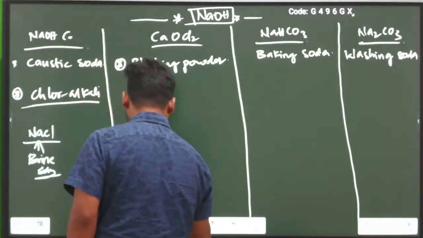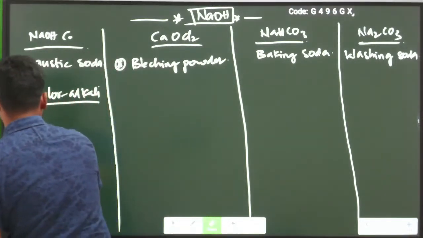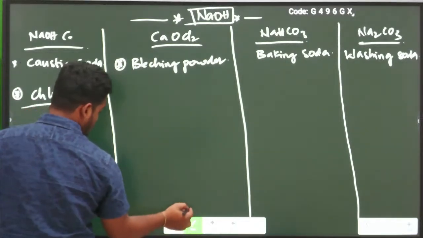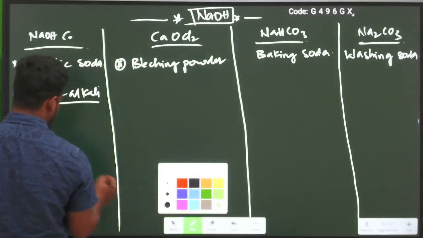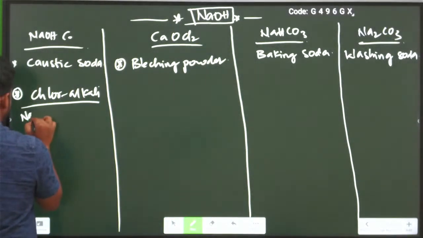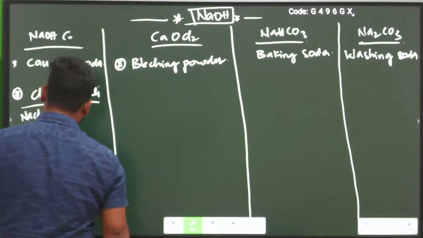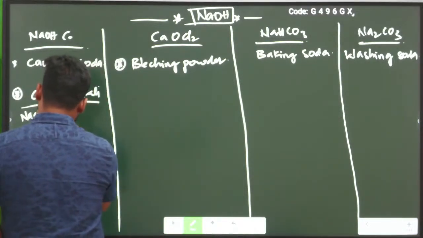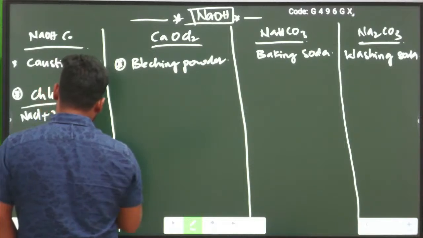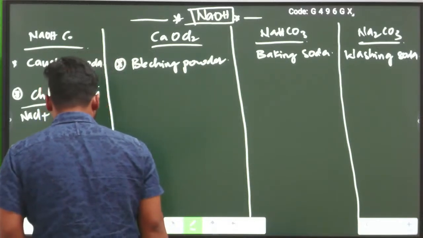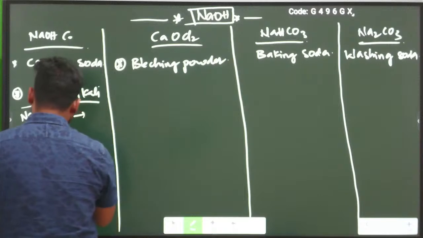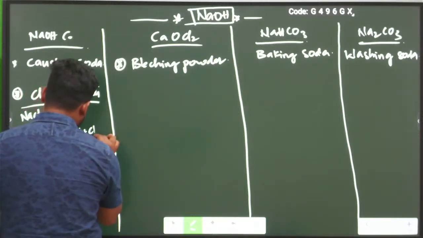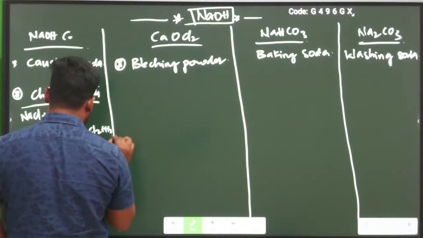Okay. Here I will write. NaCl plus water gives rise to NaOH plus Cl2 plus H2.